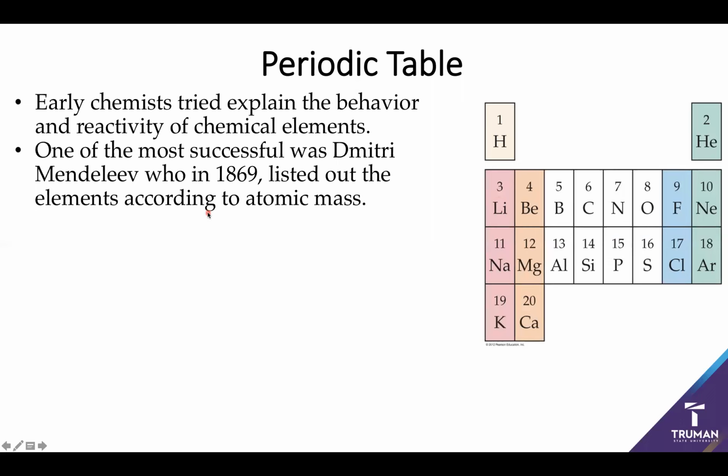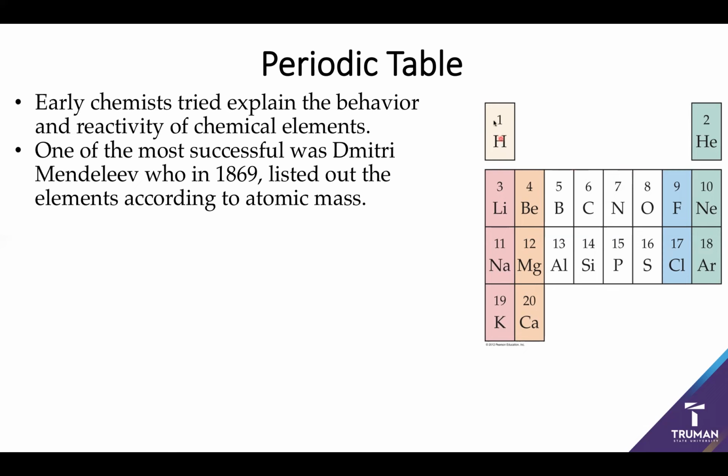So in stepped Mendeleev, who ended up proposing one of the most enduring of these descriptions of chemical reactivity, which was the periodic table. In its primitive form, he listed out all of the chemical elements known at that point according to atomic masses.